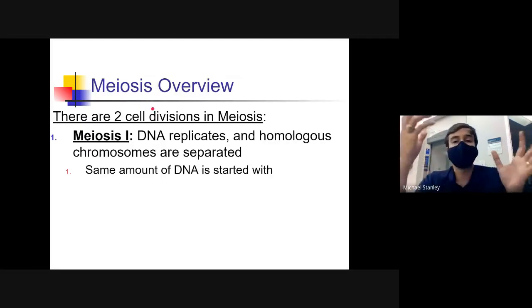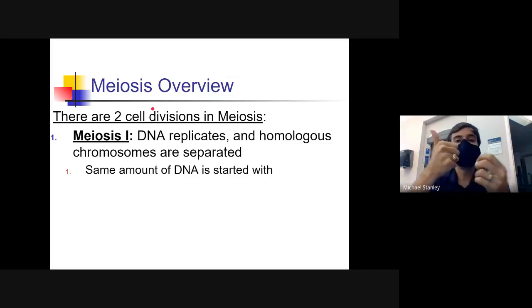So I basically copy the DNA, split it up once, and then split it up again. And that second split is where we end up with those 4 haploid cells.